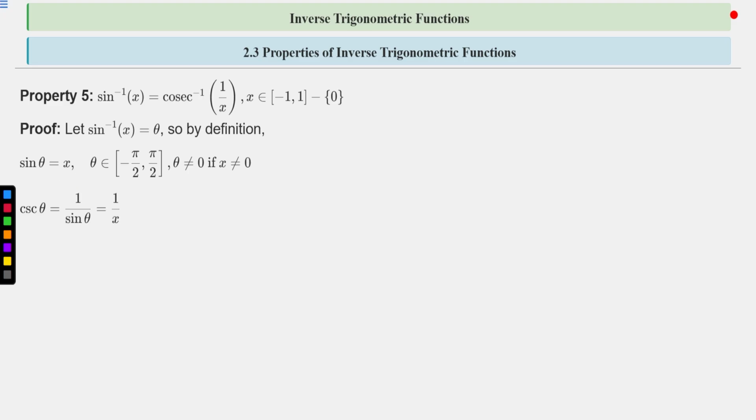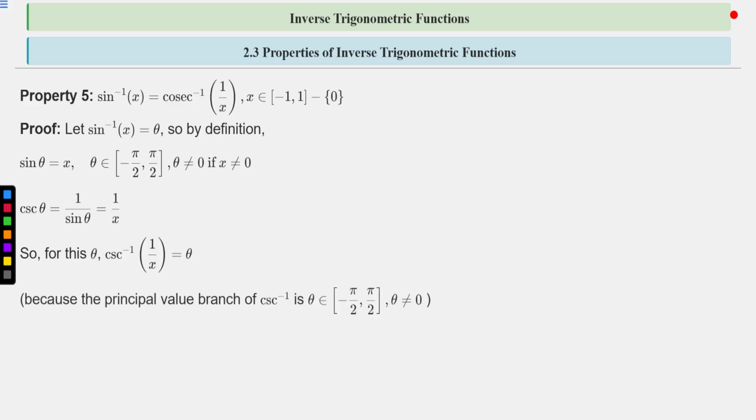So we know that cosec theta is equal to 1 by sine theta, and we have assumed sine theta is x. So cosec theta will be equal to 1 by x, right? So theta will be equal to cosec inverse 1 by x, because the principal value branch of cosec inverse is theta which belongs to minus pi by 2 to pi by 2, and theta should not be equal to 0.